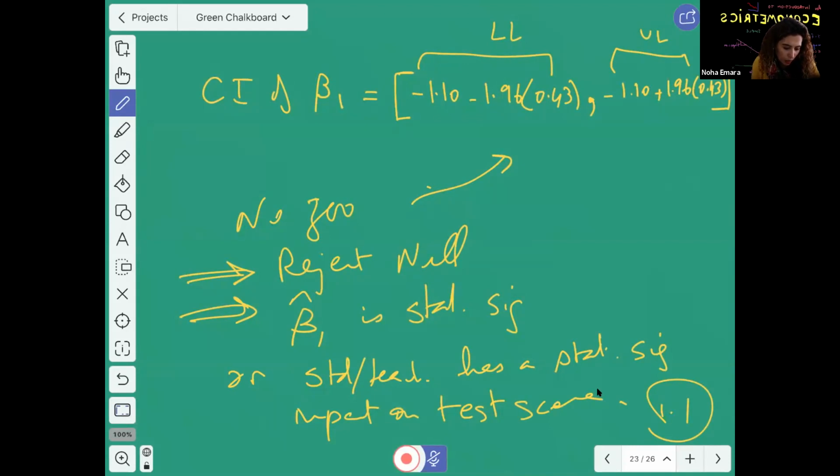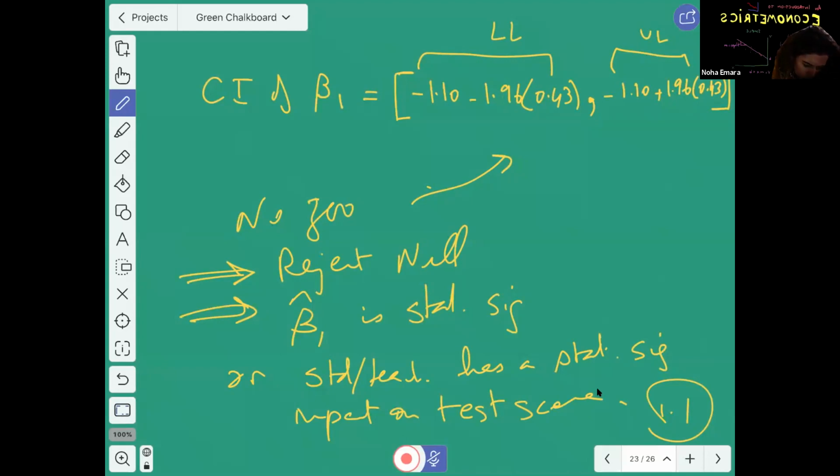Okay, what else? Whatever I'm doing can be done with each and every regressor that you have. So let me show you this example.